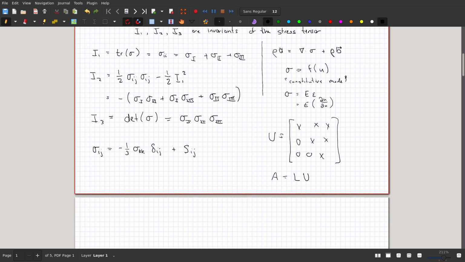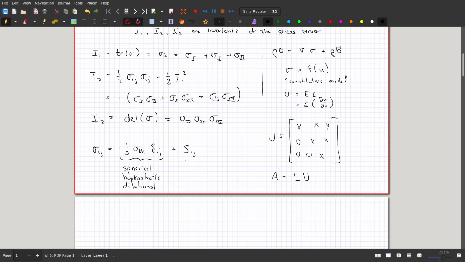So this thing we often call the spherical part of the stress, or also the hydrostatic, sometimes the dilatational. Sometimes you'll see any of those words.